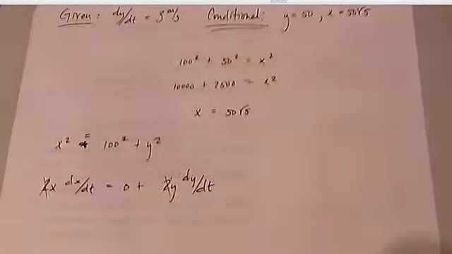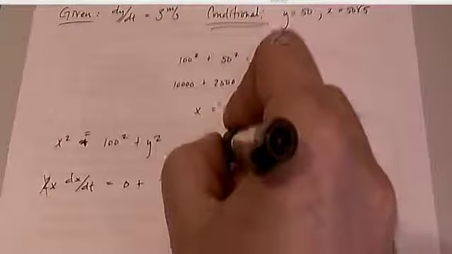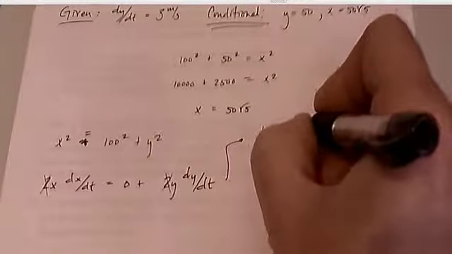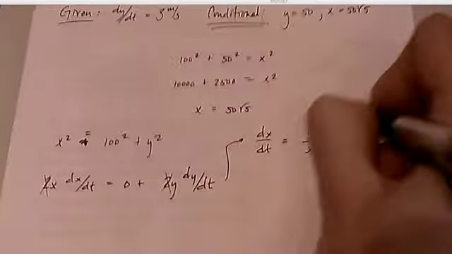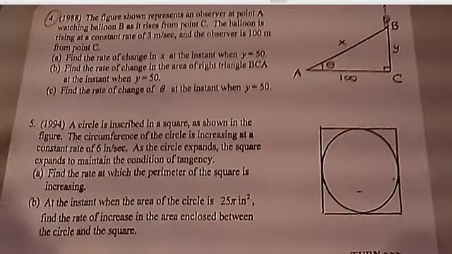And as per usual, the 2's cancel out when you're dealing with differentiating the Pythagorean. And you're looking for dx/dt, right? And so dx/dt winds up being equal to y over x times dy/dt. Okay? Let me go ahead and try and fold this over so it's a little bit easier to see.